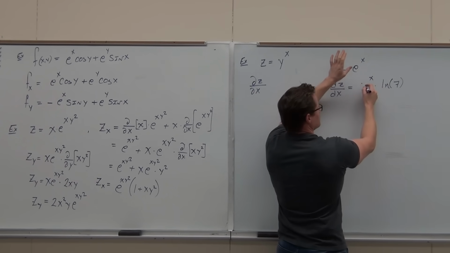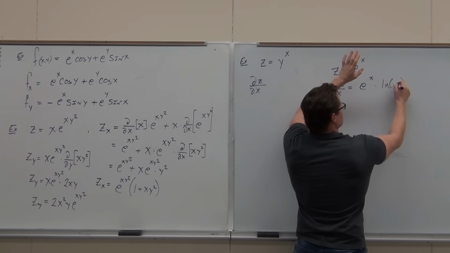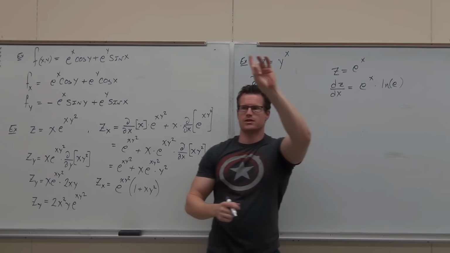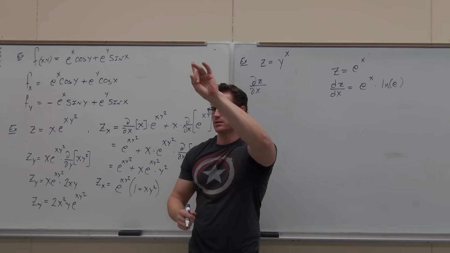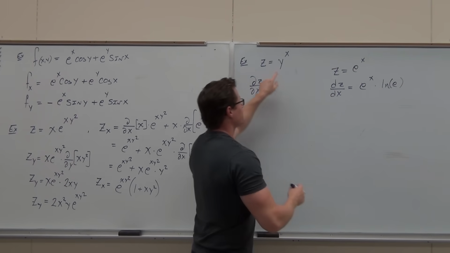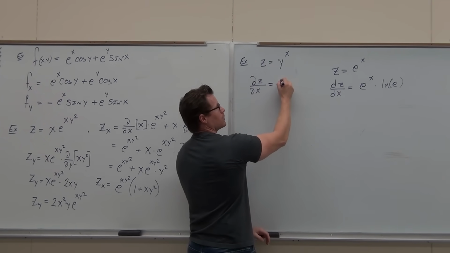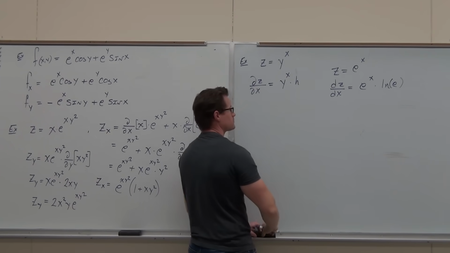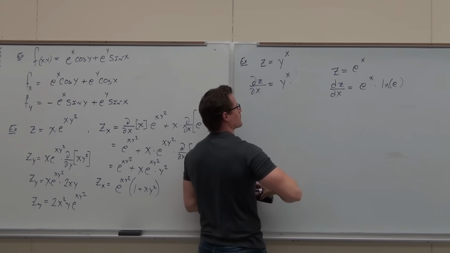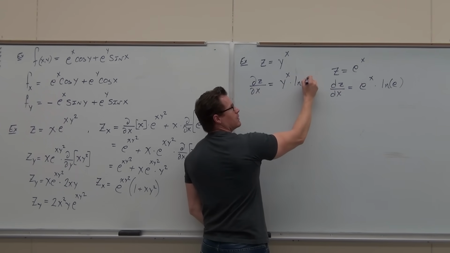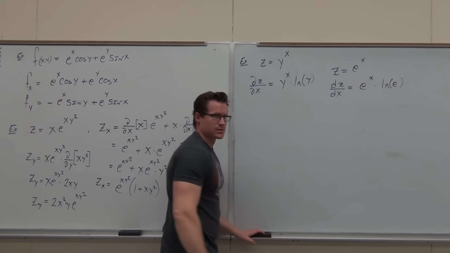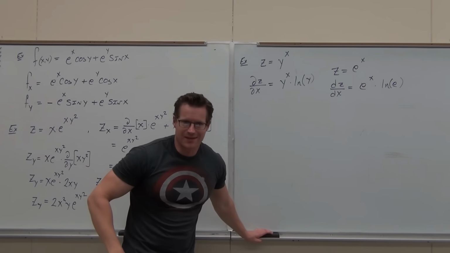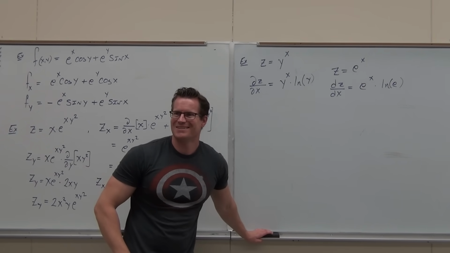You know that one. ln of e. Oh, but wait, ln of e is 1. That's why we get that magic little rule out of that. It's a gorgeous piece of work. So if that's a constant, we get the constant back, but then we multiply by the natural log of whatever that constant is. That's the derivative. Pretty cool, right?